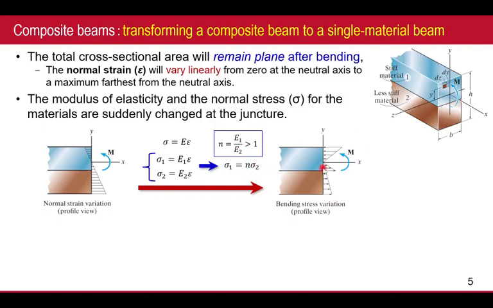But remember, the material is not always at the boundary of the two materials' junction. So this will change somewhere, and the neutral axis will change somewhere. That means the normal stress will not always go from 0 to the uttermost, because of the composite. They change the neutral axis.